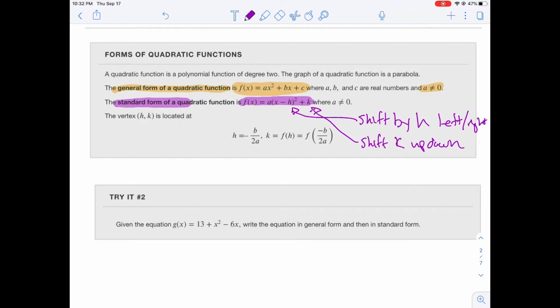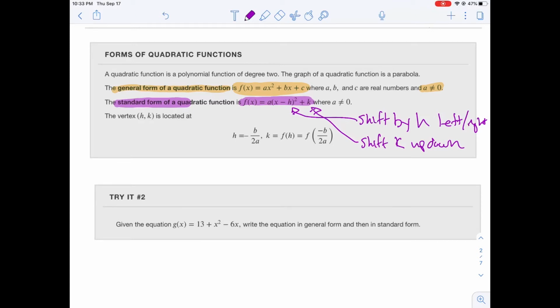And so the idea is, if you've got a quadratic function written in the standard form, it's easy to see where the corner of it, the vertex of it, is. It starts at the origin, but it's been shifted h left or right and k up or down. So you can get a quick drawing of the parabola based on the standard form.